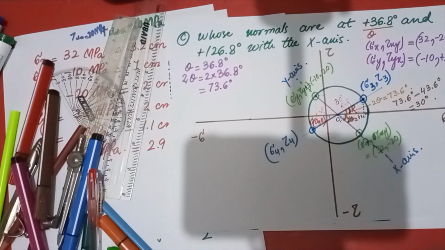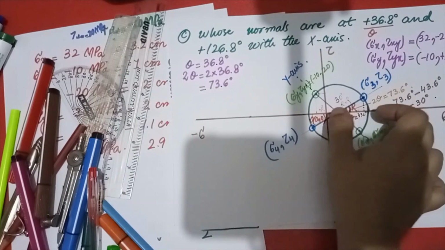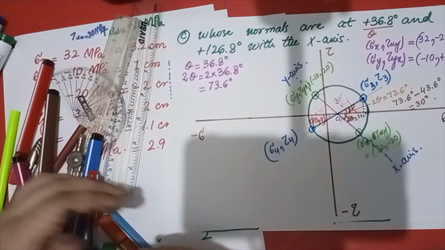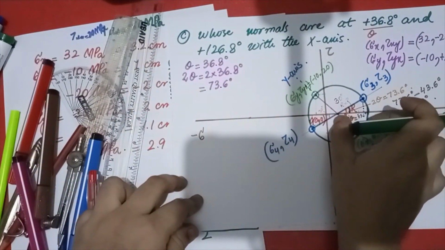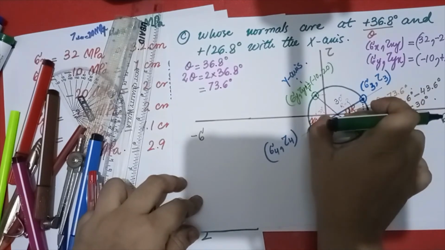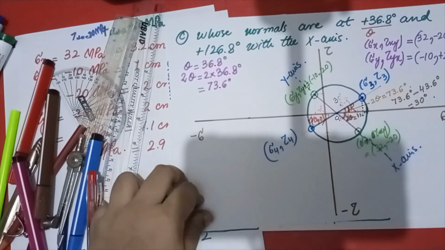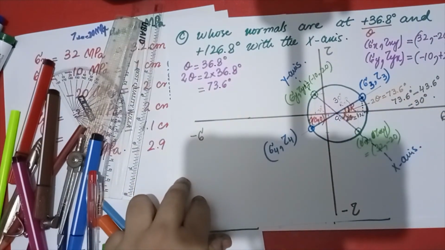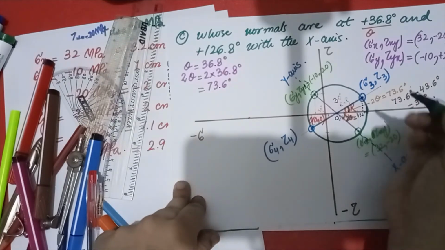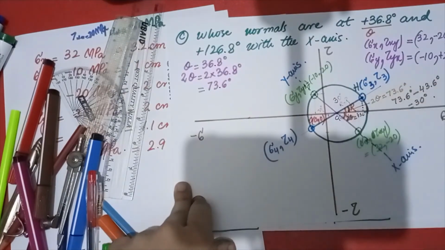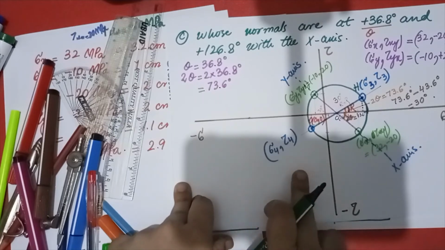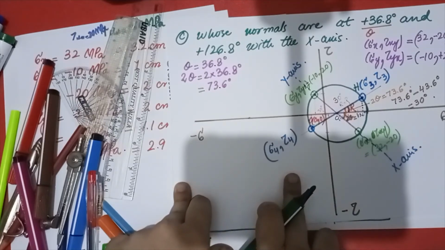In what way will I get the value? I need this whole length. As I have done in the previous question, I need this base length and then I have to add OC. So on the diagram, for example, this is H and this point I am telling you is I.